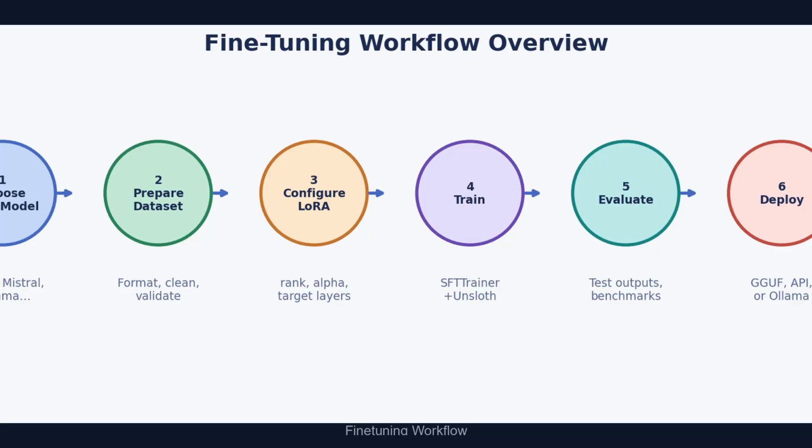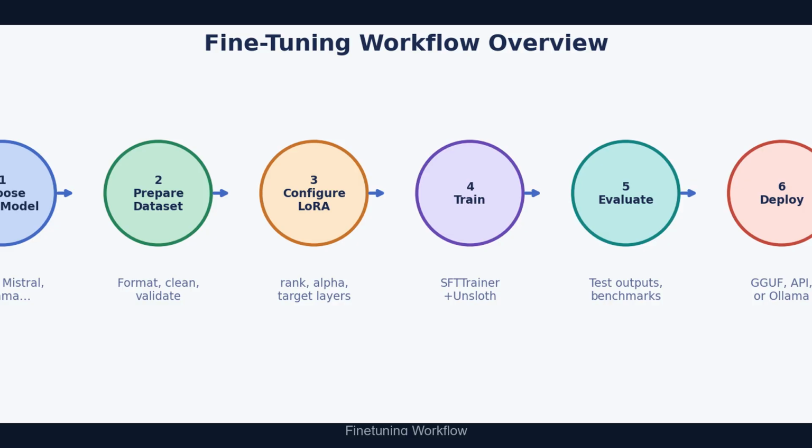The fine-tuning workflow has 6 stages. First, choose a base model: Llama, Mistral, Gemma, or others. Second, prepare your dataset. Format, clean, and validate it to match what the model expects. Third, configure LoRA: set the rank, alpha, and target layers that control how and where the model gets updated.